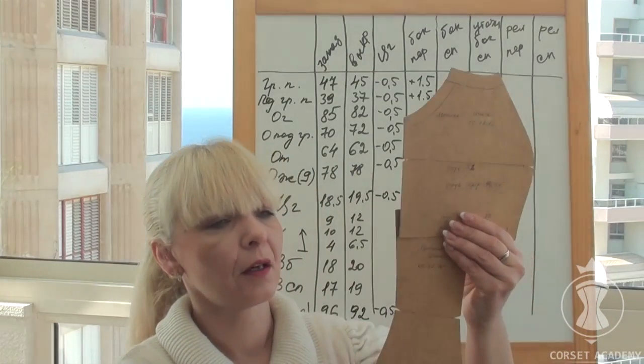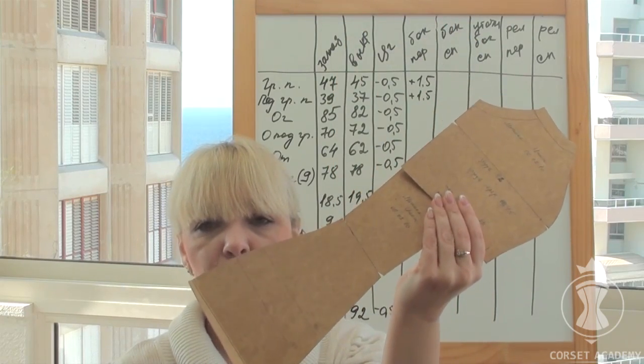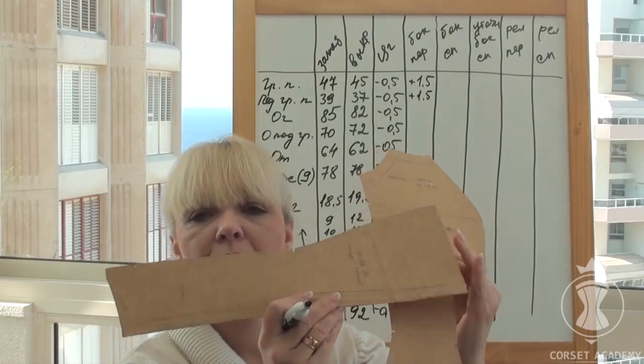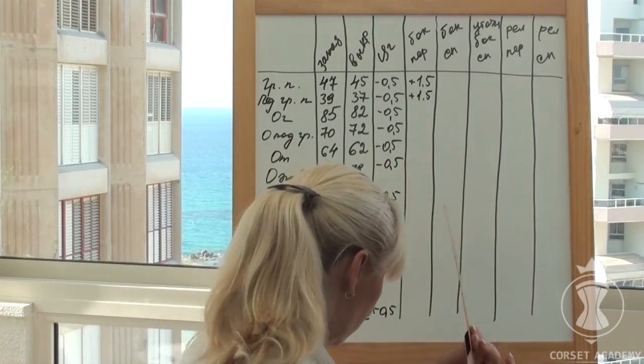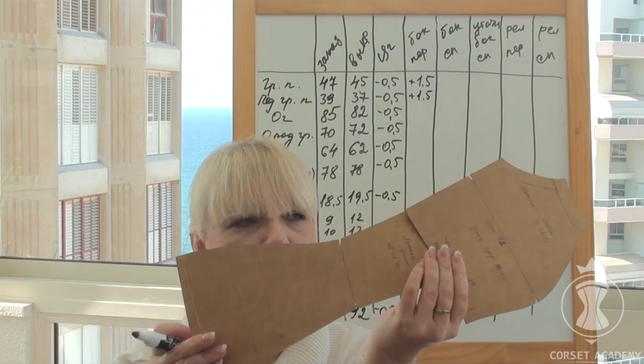Well, we have found two main values, and they seem logical if we look at the front side and back side patterns. But we are talking about the side seam of the front.